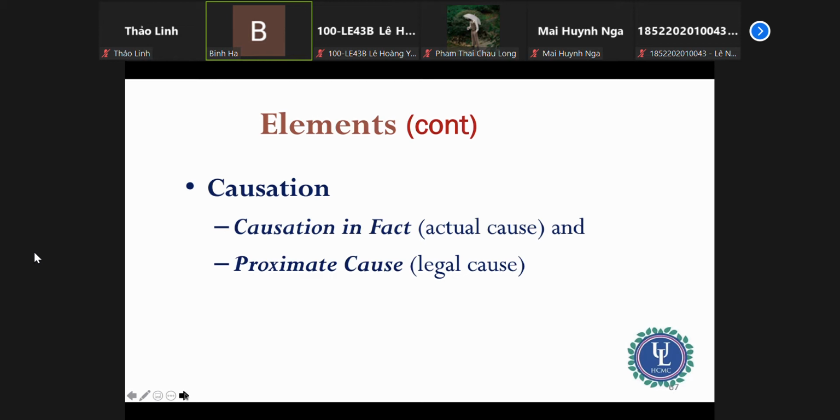I just want to give you an example in order for you to understand proximate cause. Assume that a farmer is farming, and in doing so, he burns his farm. When he burns his farm, the fire spreads out of his farm, into a forest next to his farm.